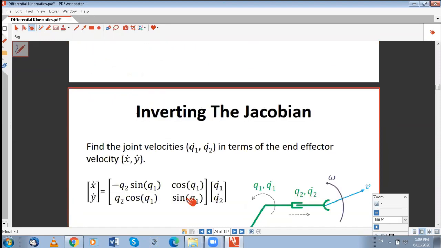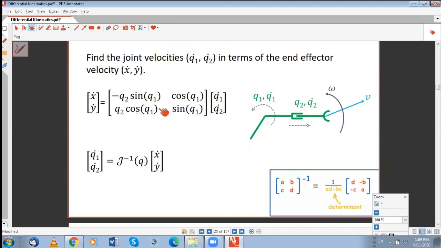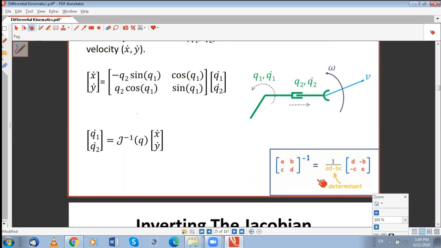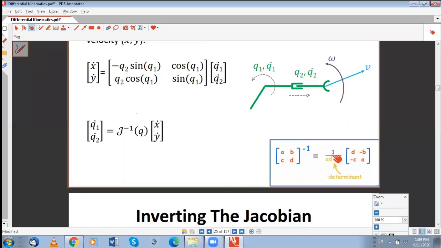So let's do it. How we take the inverse of this matrix. Before we do that, I want to remind you how you take the inverse of a 2 by 2 matrix. It's 1 over determinant multiplied by the adjoint of that matrix. In case of a 2 by 2, it's very straightforward. The determinant is just A times D minus B times C. You just multiply the diagonal elements and find the difference of it.